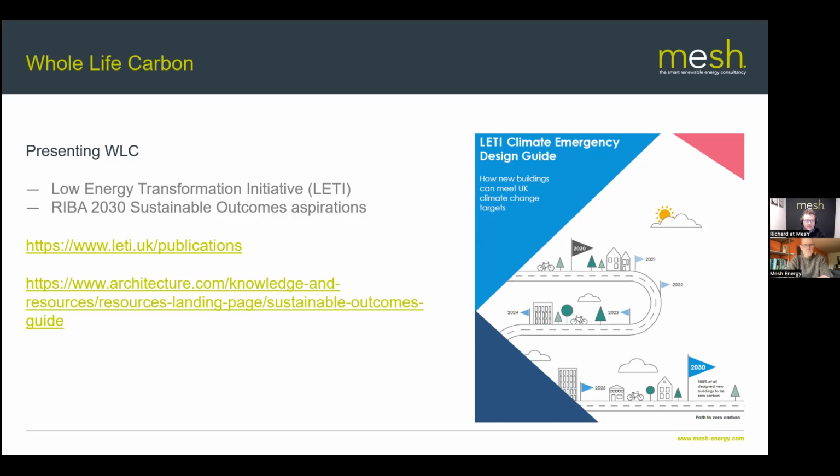And because of that, it's grown out of the RIBA sustainable outcomes, which originally were intended to support the UN sustainability goals. So this evolution of whole life carbon over the last 3 years has actually been quite intense, and it's become quite involved. It's become a very useful mechanism in de-siloing thinking about how we construct buildings as well.